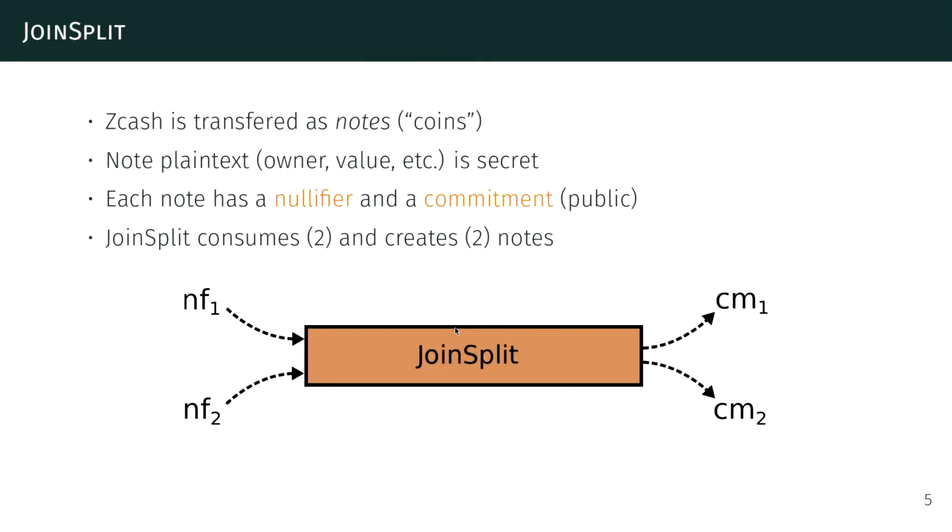The only things that are published in the blockchain, as part of the join split statement, are these so-called nullifiers on the left here and commitments on the right. Don't worry so much about what those are for the moment, but these are just numbers that are uniquely derived from the coin plaintext.